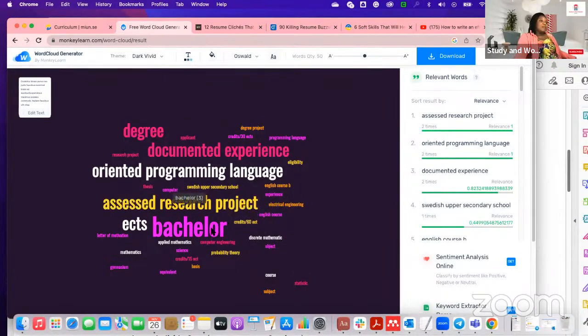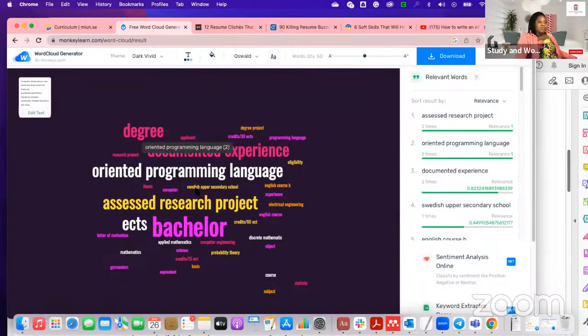And if they pass it through the system and they realize that there's nothing like object-oriented programming inside your CV, and they're looking for people who have that background, they are looking at people who have a bachelor's degree, those who have 30 credits. Okay.